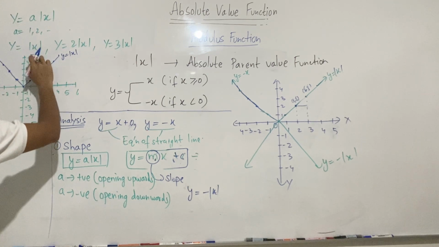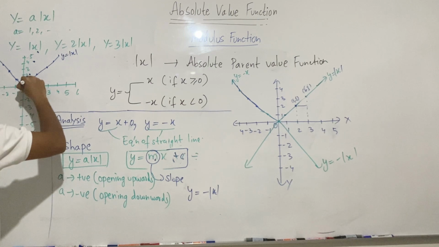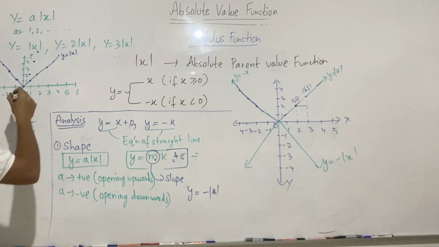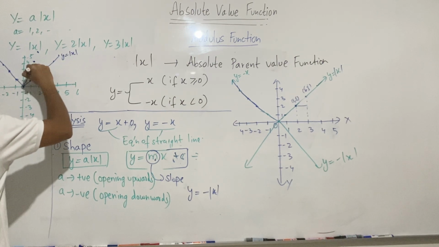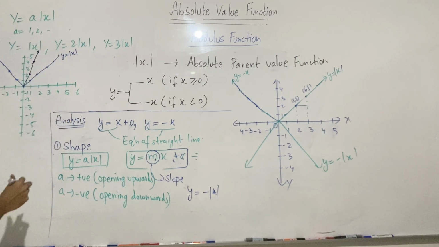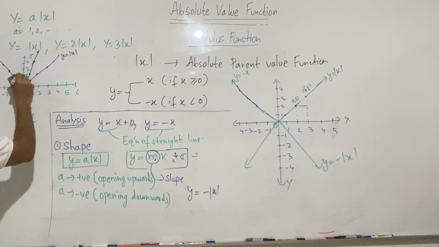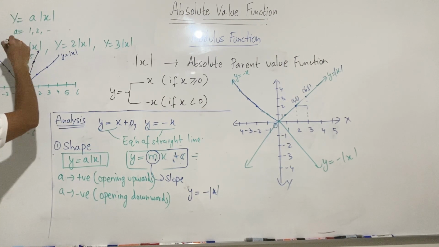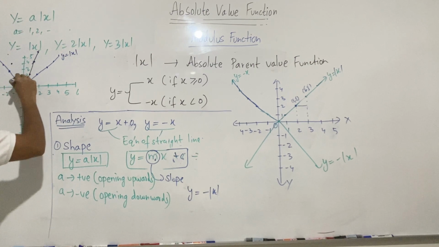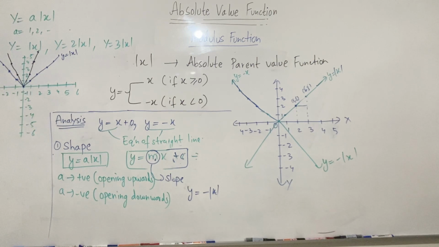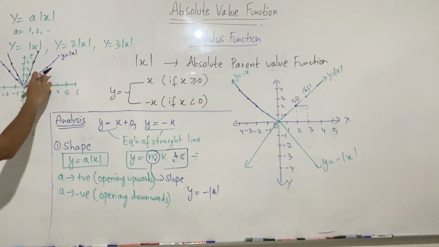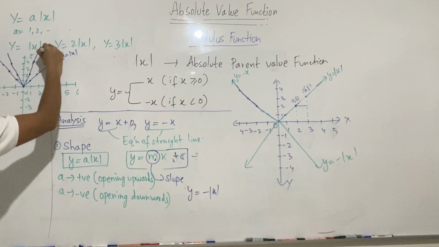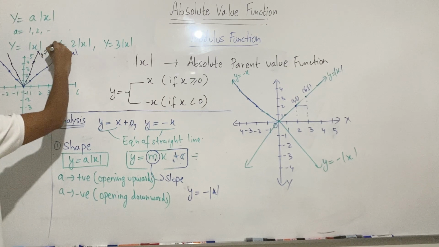So if you join these points, let me use a different marker, it's going to be like this. And here the same, minus 1, 2, minus 2, 4 here. So see here, the blue one is y equal to modulus function x, and the black one is y equal to 2 times modulus function x.